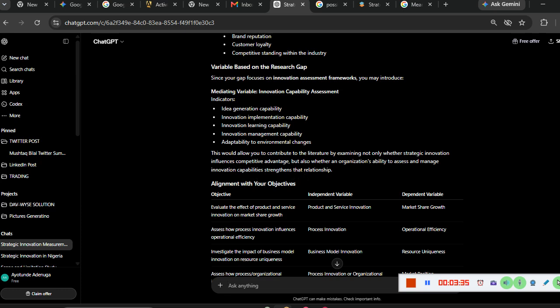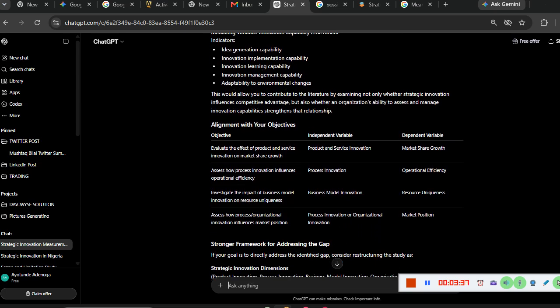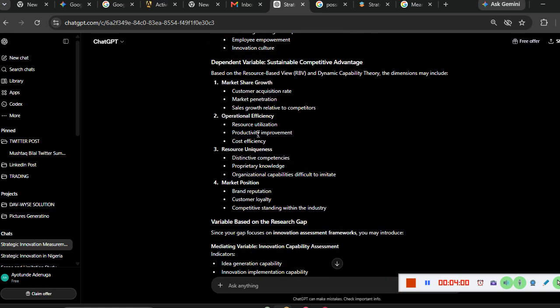Now, our study, what we did earlier, is not built on an assessment framework for strategic innovation and competitive advantage, but instead it is built on examining the effect of these variables against each other, the independent and dependent variables highlighted here, so that we can still go ahead with it.